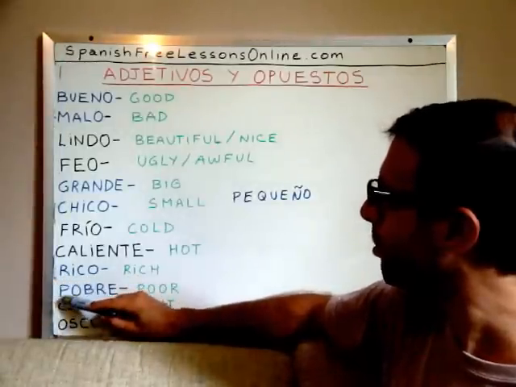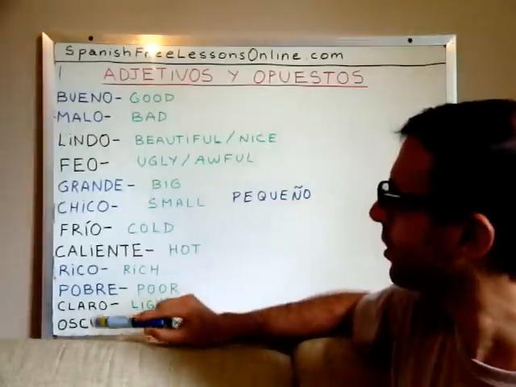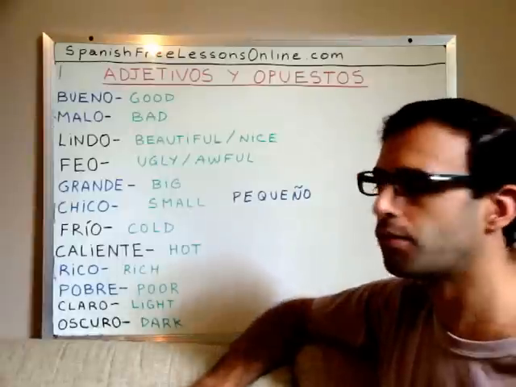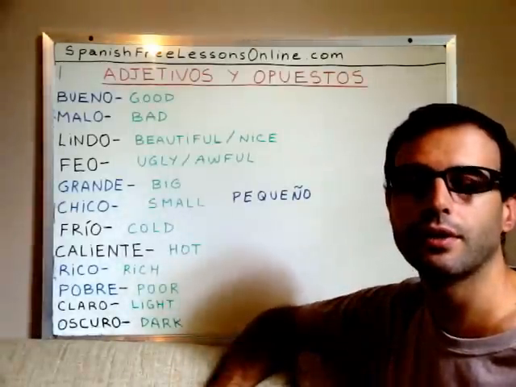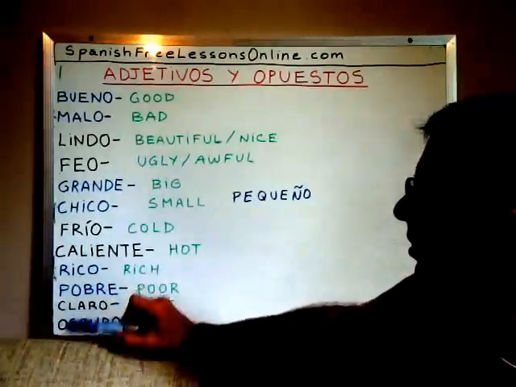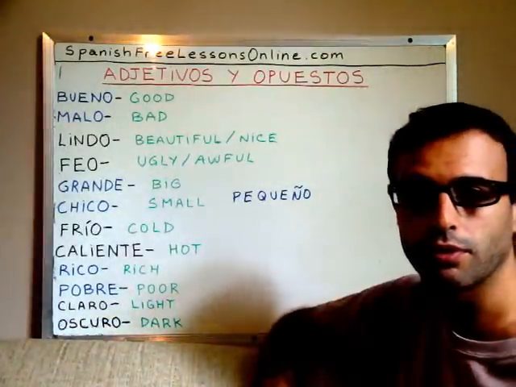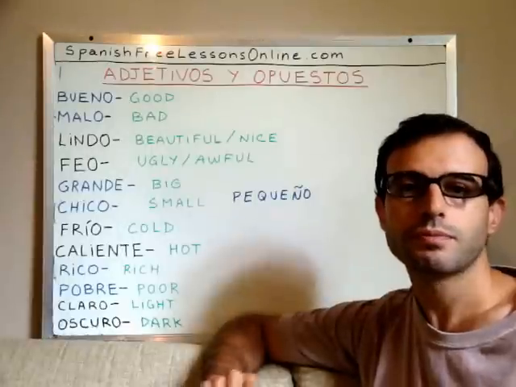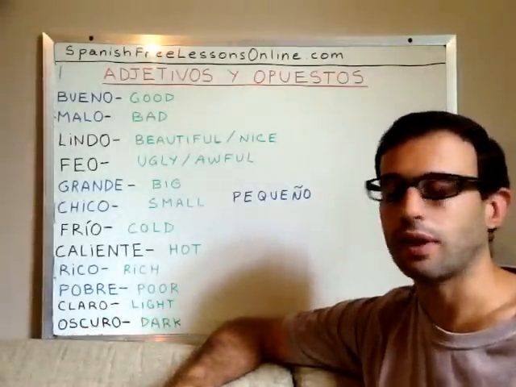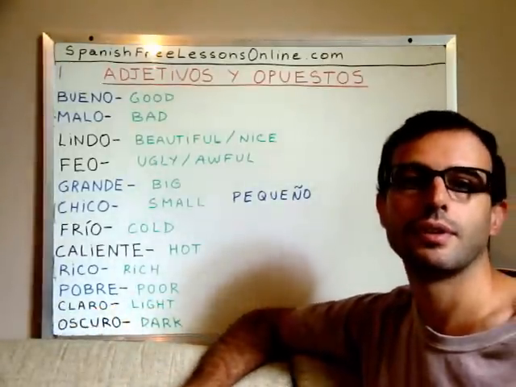Rico, pobre, for rich and poor. Claro, oscuro, for light and dark. The word claro means light, but it also means of course. So if you want to say of course, you can say simply claro. Okay?